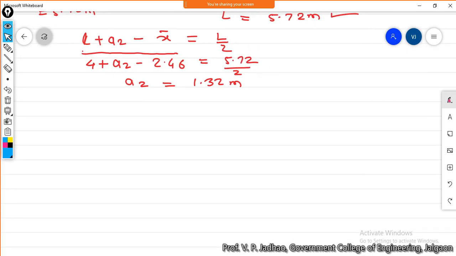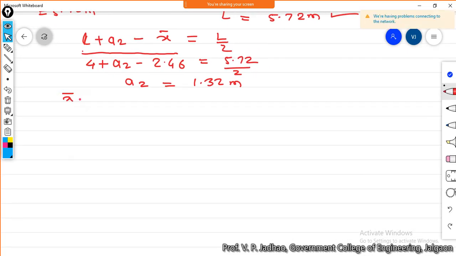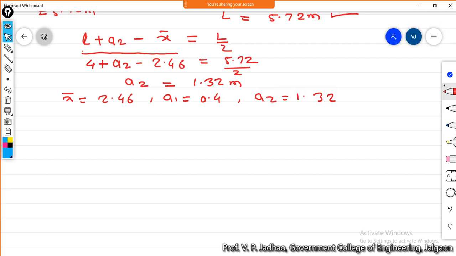So we have calculated x bar is equal to 2.46 meter, a1 is equal to 0.4 meter, this is given in the problem, a2 is equal to 1.32 meter, okay. So these values are calculated.